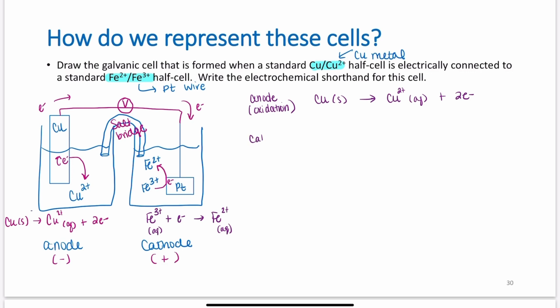At my cathode, where I have reduction, always, it just happens to be positively charged for voltaic or galvanic cells, I have iron 3 plus, aqueous, gaining 1 electron, forming Fe2 plus.